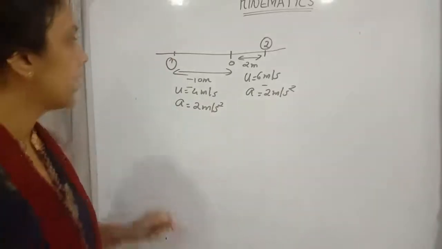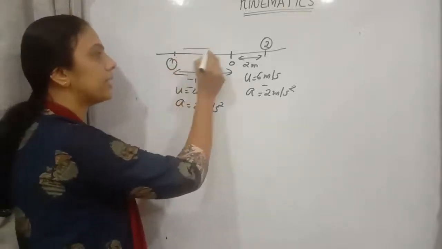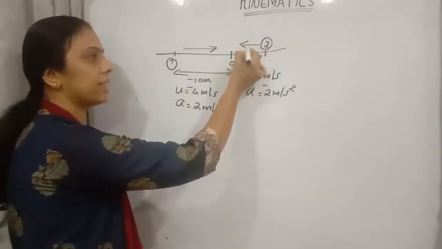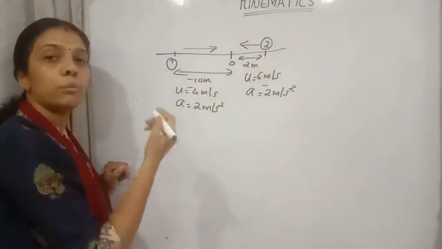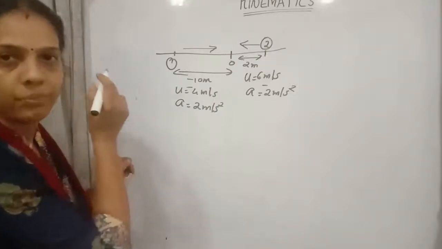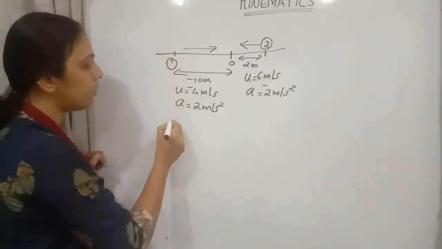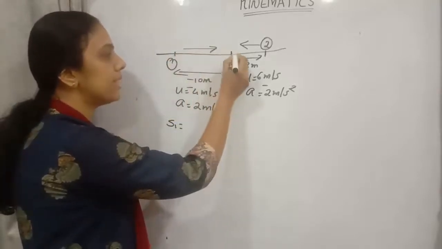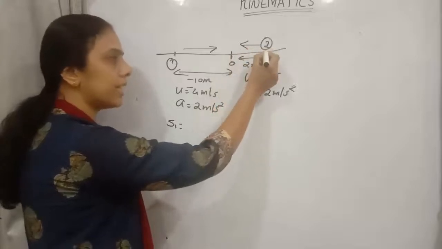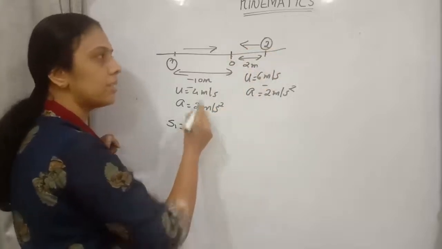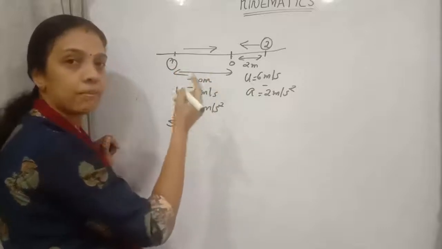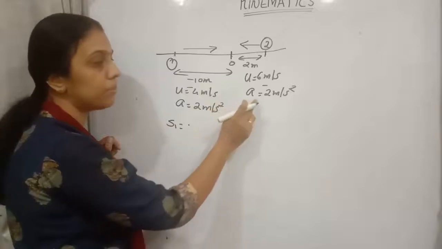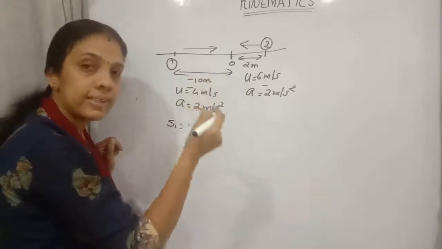Okay, so we know that acceleration is happening in this direction for the first particle, and for the second particle acceleration is happening in this side. At what point will both be colliding? What will be the distance traveled by the first particle here? It will be this 10, along with this 2 meters. With an acceleration of -2, it means velocity is decreasing with respect to time.